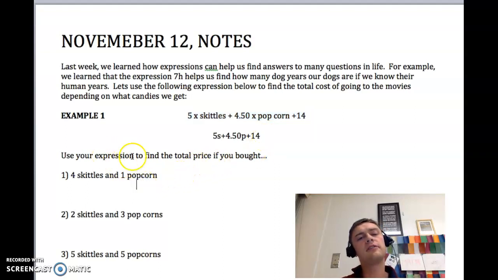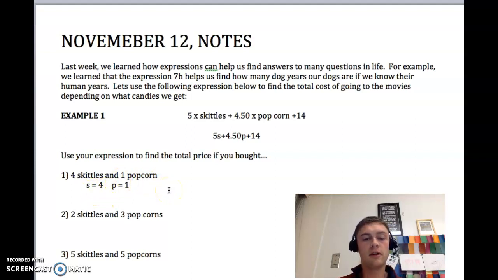Now let's actually use it for something. Let's use your expression to find the total price if you bought 4 Skittles and 1 popcorn. The only way we're going to do this is if we use our expression. Skittles is represented by S, so S equals 4, and P for popcorn equals 1, because we got 1 popcorn.